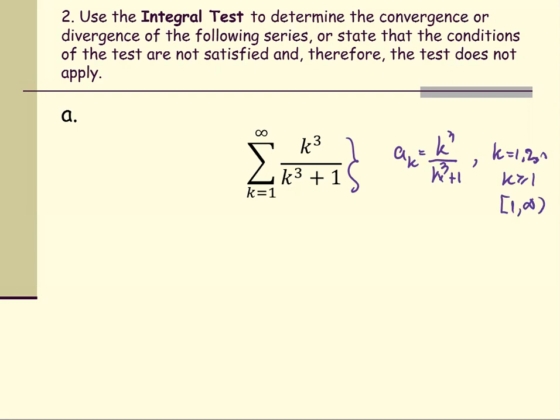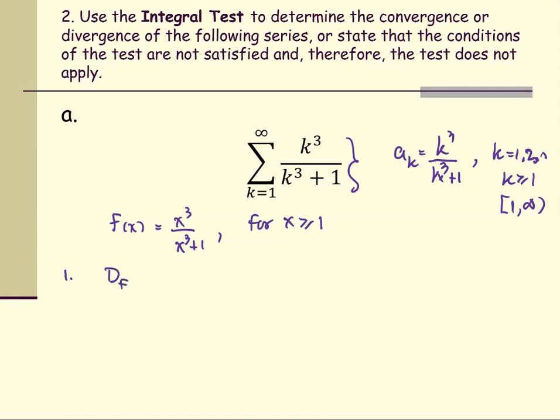Since a_k is a function of k, now we're going to use the function f of x as x to the third over x to the third plus 1 for x greater than or equal to 1, and check whether this function is continuous or not by checking the domain.